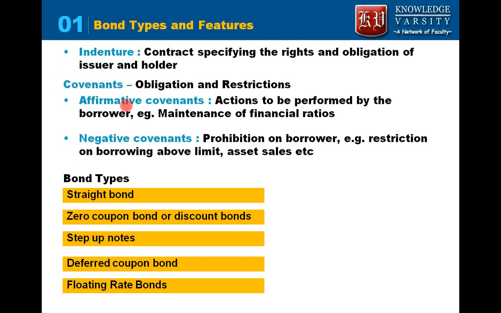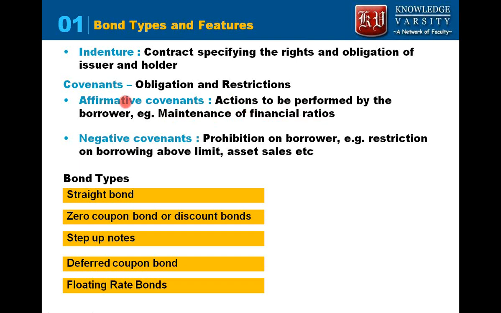The covenants can be both affirmative and negative. The affirmative covenants are the covenants that the borrower says it will perform, conditions that they have to provide. Some of these are like maintenance of financial ratios, that is, they have to maintain the debt to equity ratio or interest coverage ratio.